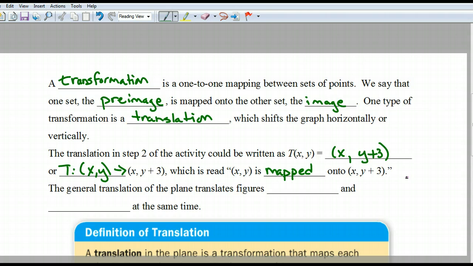The general translation of the plane translates figures horizontally and vertically at the same time.